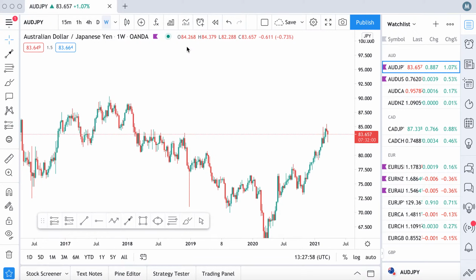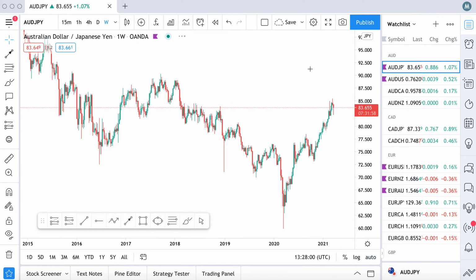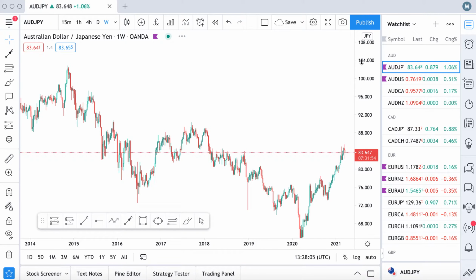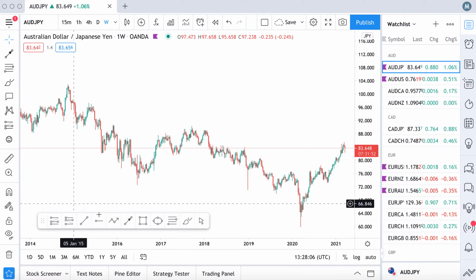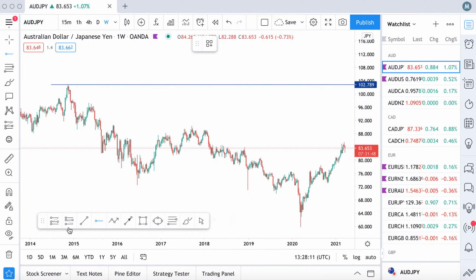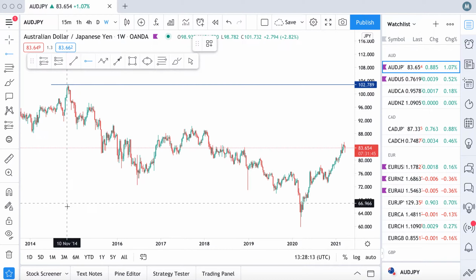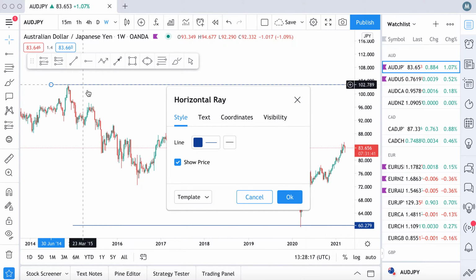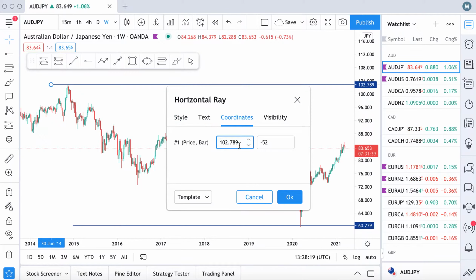So let's stay on the weekly time frame. First thing I like to do is actually identify any extreme support or resistance levels. We can see that we have an extreme resistance level right here and an extreme support level right here. And these levels should be psychological values. What I mean by that is they should be round numbers.